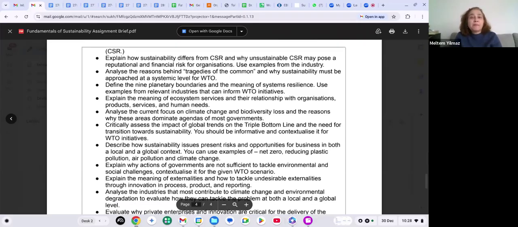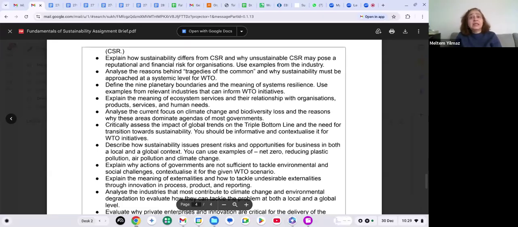Please share some examples of business models under the World Trade Organization which have achievable sustainable strategies and which have non-achievable sustainable strategies as well. So the contribution of the private sector and the business sector is another kind of knowledge that we expect in this paper.